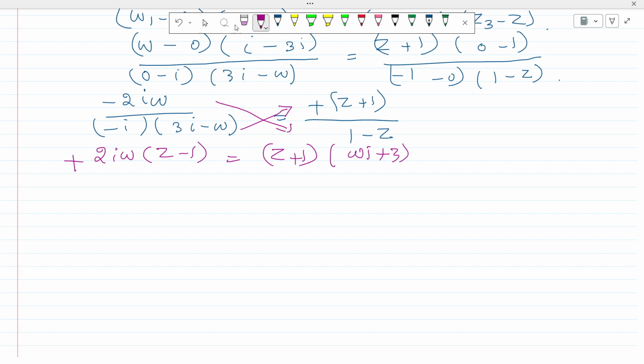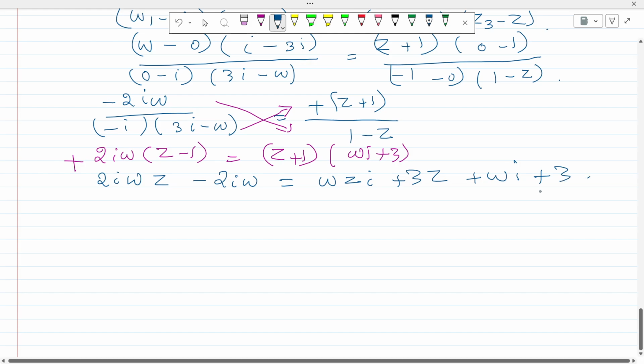Okay, now simplify this. So 2iwz minus 2iw, hmm, 2iz minus 2i equal to wzi, 3z plus wi plus 3.